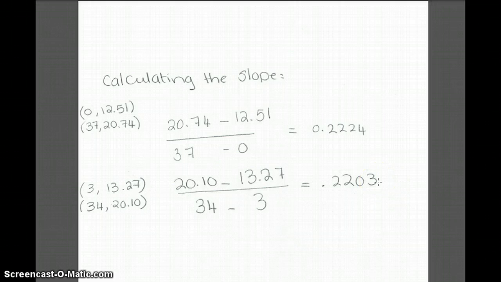So what I'm trying to do is find a line that best fits the graph, exactly in the middle, passing through the most points. So I see that I'm getting 0.22 in either scenario. So that's good enough. If you say the slope is 0.22, that's good enough.